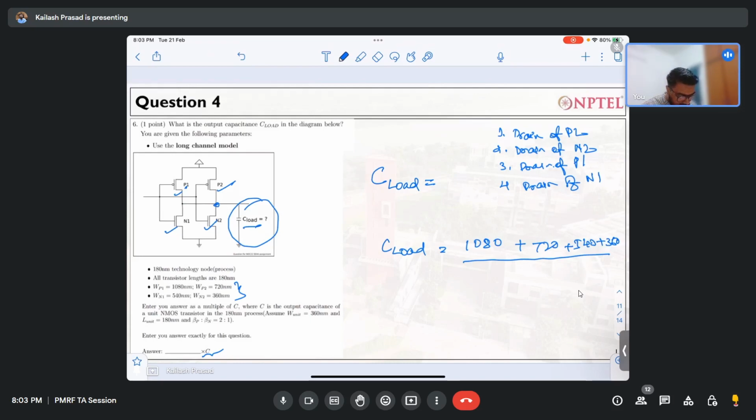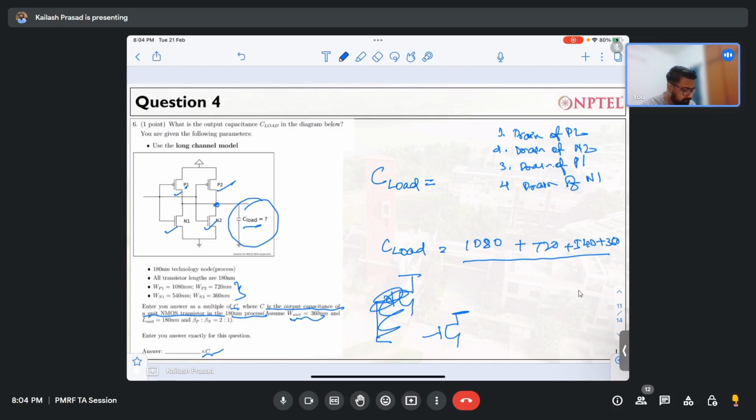Now, what you have been given over here is to enter your answer as a multiple of C, where C is the output capacitance of a unit NMOS transistor in the 180 nanometer process. If I have a unit NMOS, not a unit inverter, the output capacitance of this unit NMOS will be equal to the W unit of that.